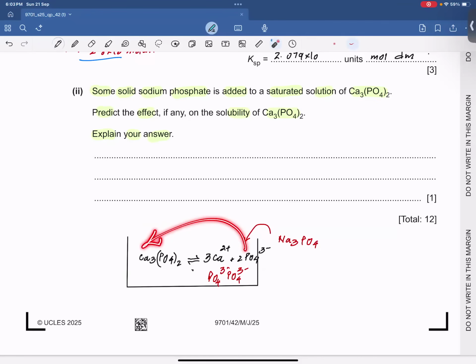When equilibrium favors the left hand side, it means the amount of ions decreases and the amount of solid increases, which means precipitation increases and solubility decreases. So the solubility of calcium phosphate decreases when we add sodium phosphate to a saturated solution of calcium phosphate. Let me write the explanation here.